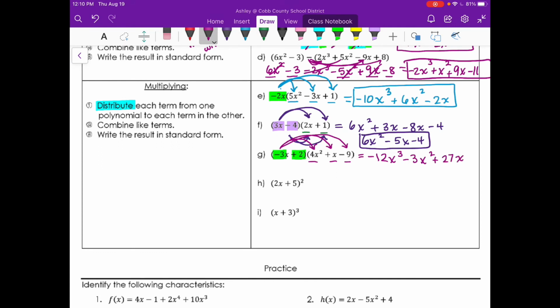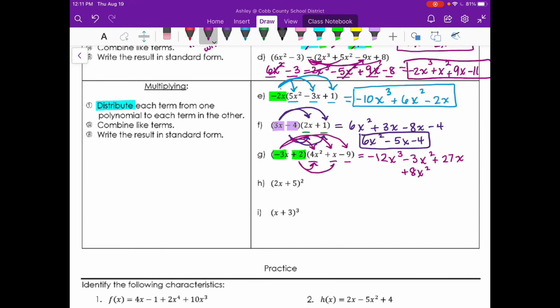Now I'm ready to distribute my positive 2. And sometimes students like to go ahead and write the like terms underneath their like terms so they can add them vertically. So I will show you how to do that here. So 2 times 4x squared is 8x squared, and I'm going to write that positive 8x squared underneath its like term.